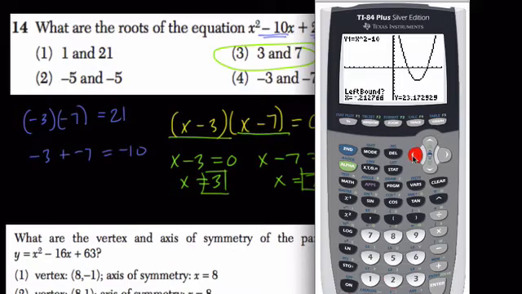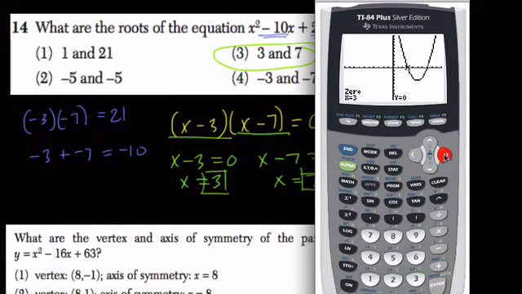Zeros are the roots, because the zeros are when you cross the x-axis. So here, let me just find the cursor. There it is. It'll ask you for a left bound, and then a right bound. So left and right side of the parabola crossing the x-axis. It will guess. Sometimes it'll be approximate, but here you can see when x is 3, y is 0.